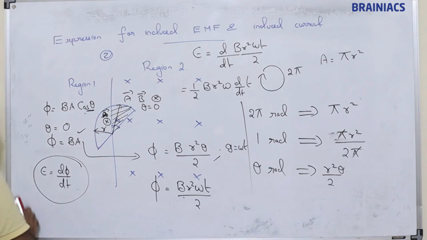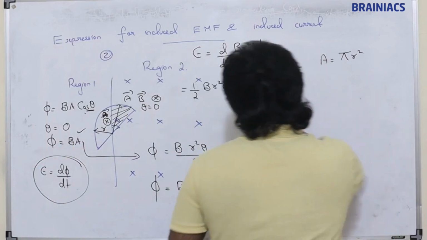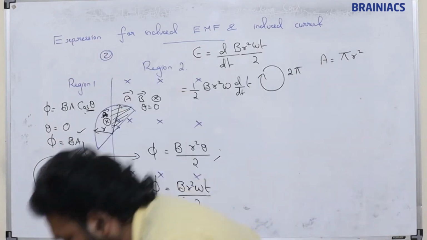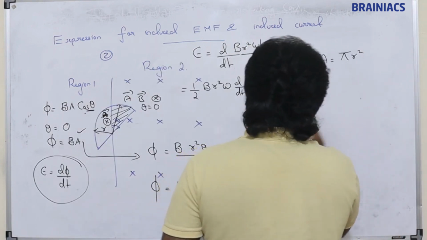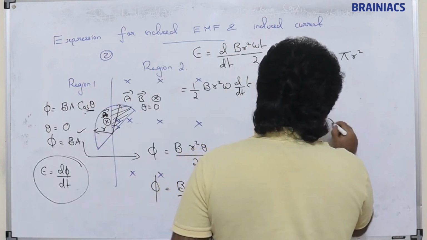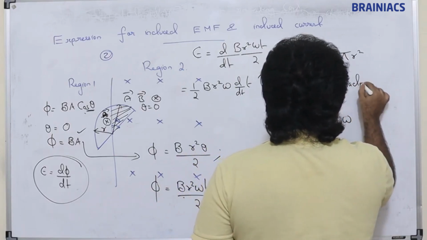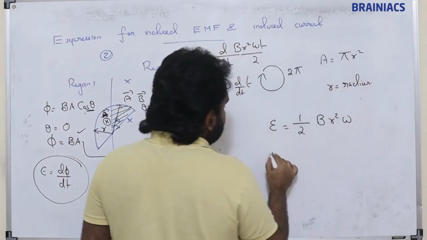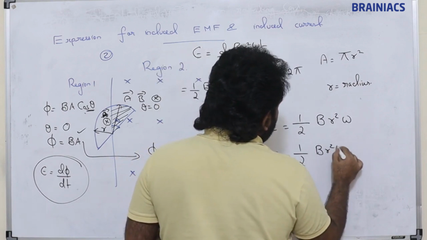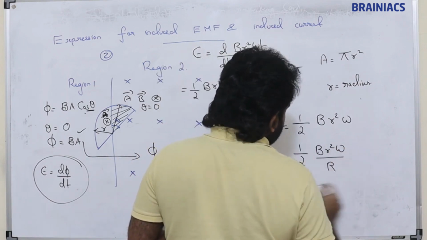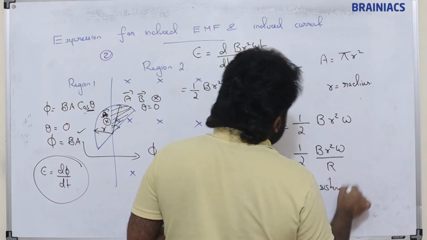So the induced EMF is half B r square omega, where r is the radius, and the induced current is half B r square omega divided by R, where capital R is the resistance.